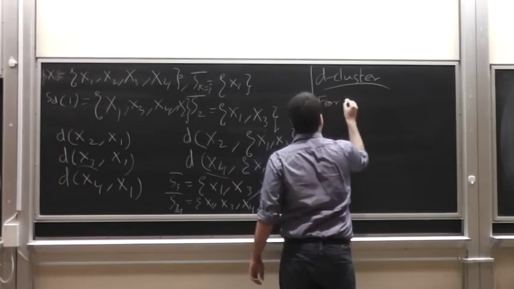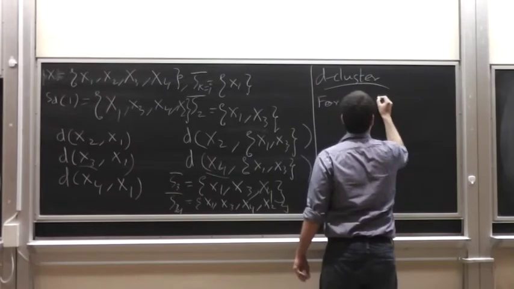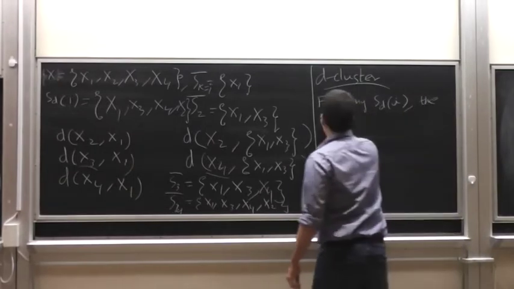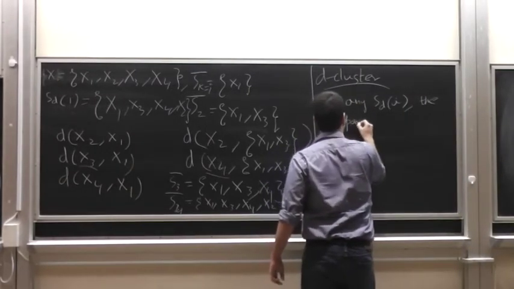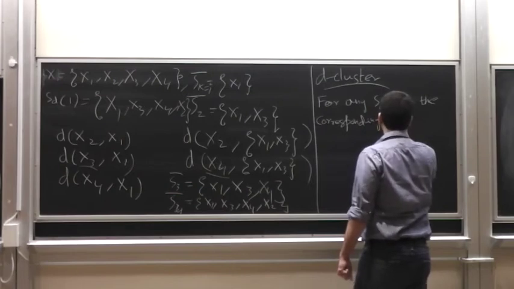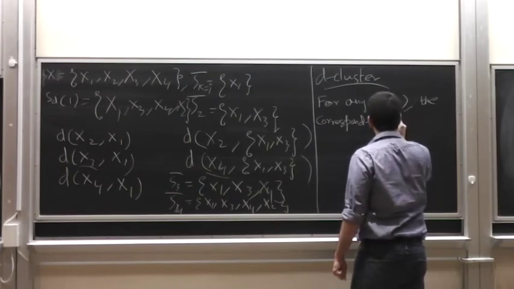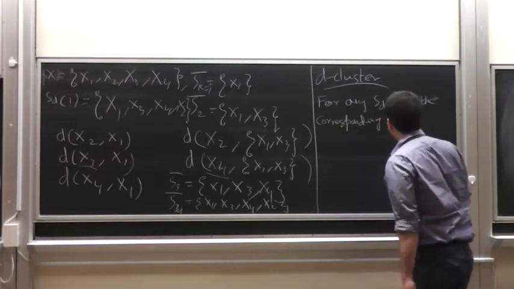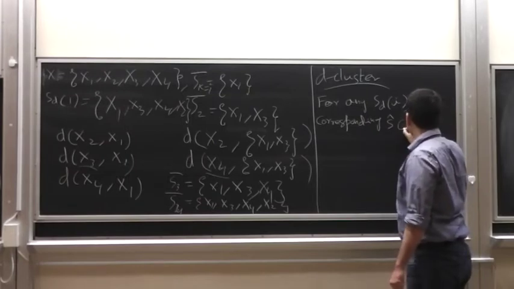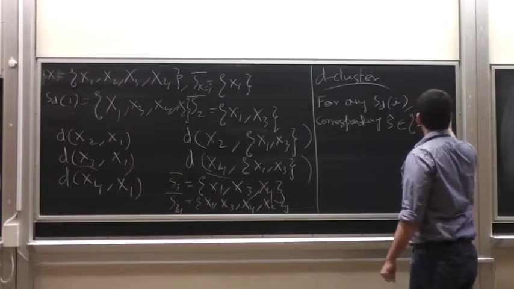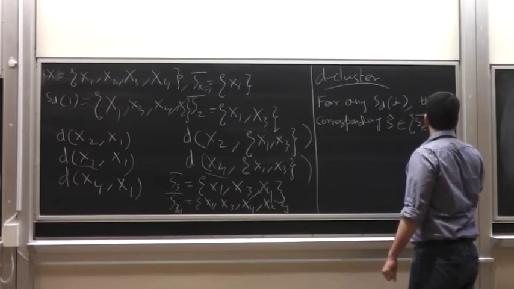For any D series for a chosen i, the corresponding D cluster, which I would denote by S hat, belongs to S_k hat for k equal to 1 to n.